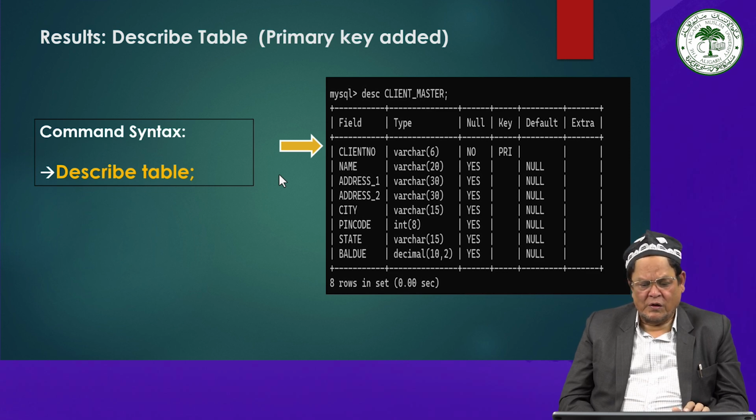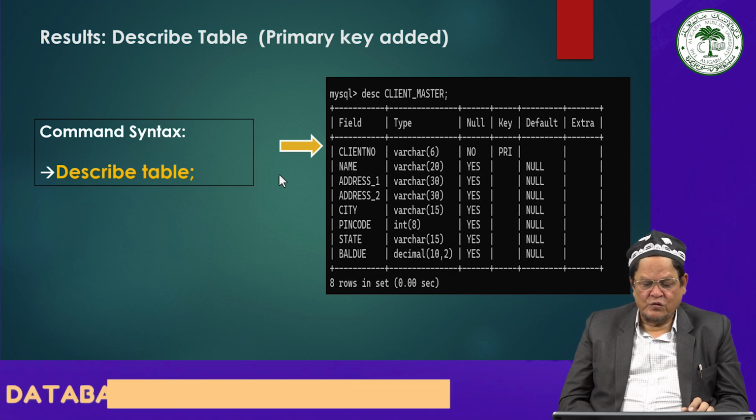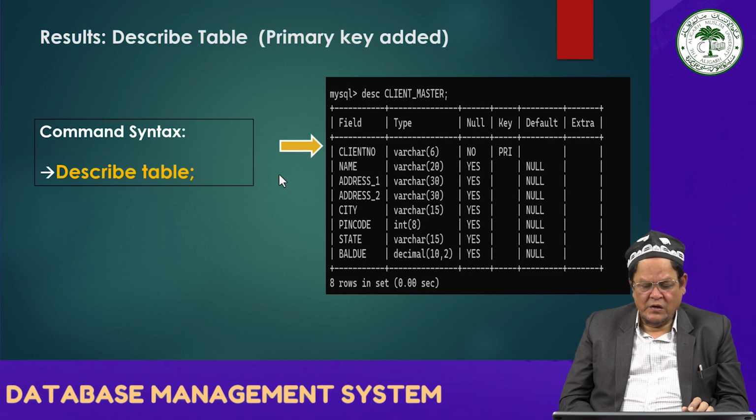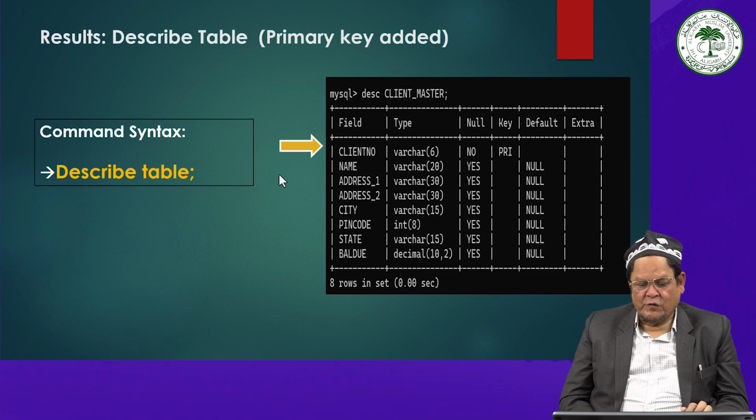It will show all the field names: client number, client name, address 1, address 2, city, pin code, state, and balance due. Here we have added a primary key, so in key it will show PRI. You can see the third column, null, but for client number it should say no. It means it is not null. The record will not be added till you give the primary key, client number.